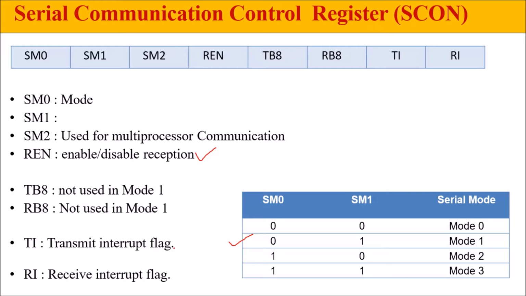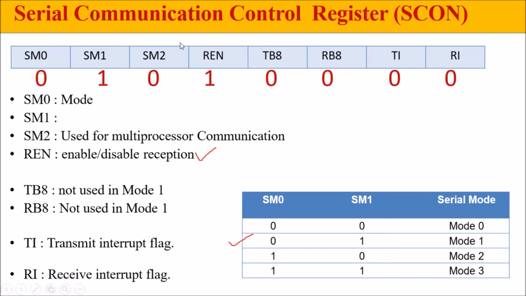So in the polling method, the user can check whether the TI bit is 1 or not to check whether the character is transmitted completely or not. Similarly, the user can check whether the RI bit is 1 or not. It will be 1 if the complete character is received by this UART.